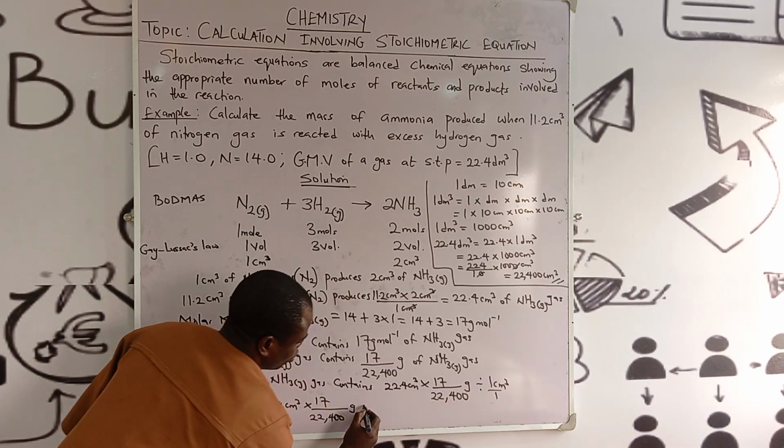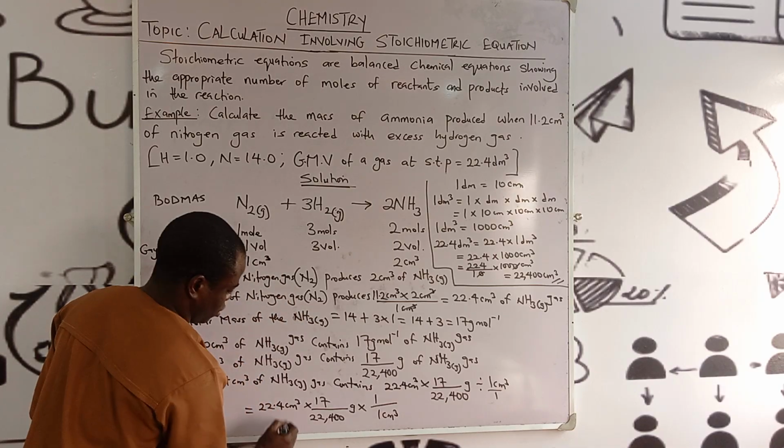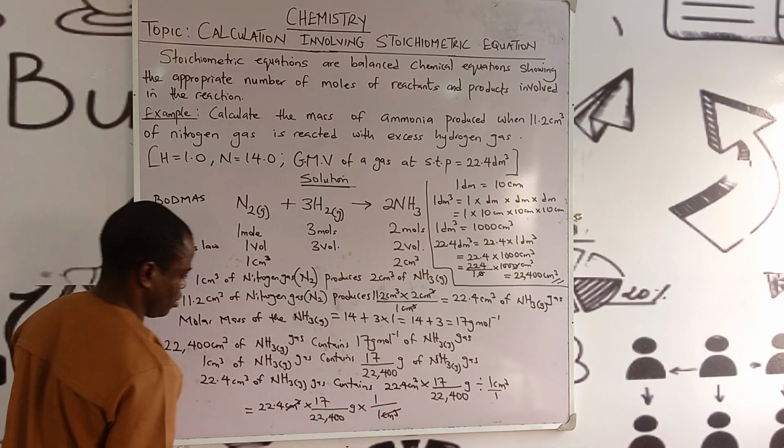When you change the division, 1 cm cube will come up, and cm cube cancels cm cube.